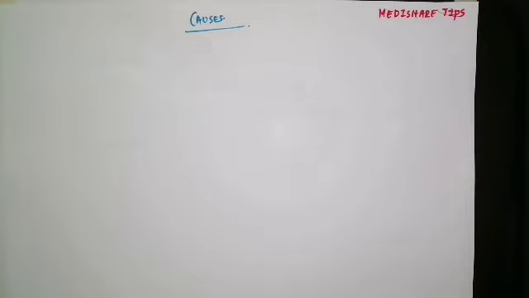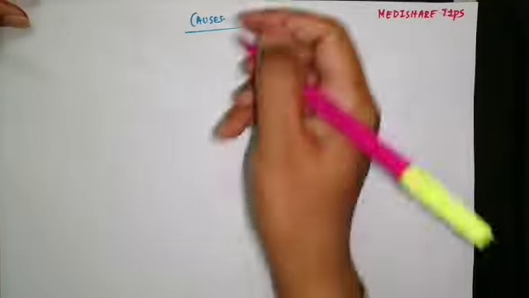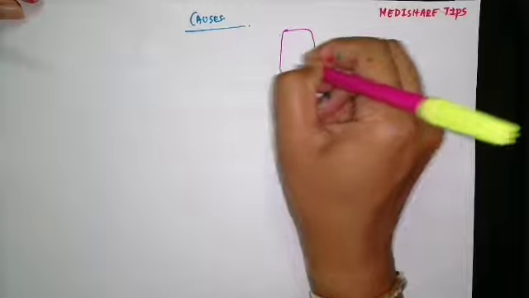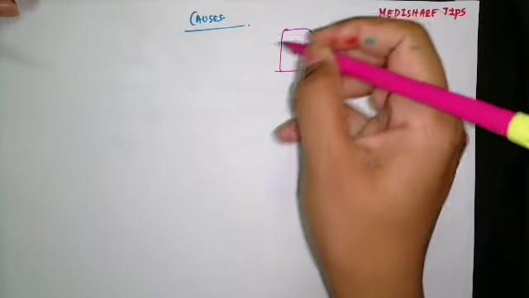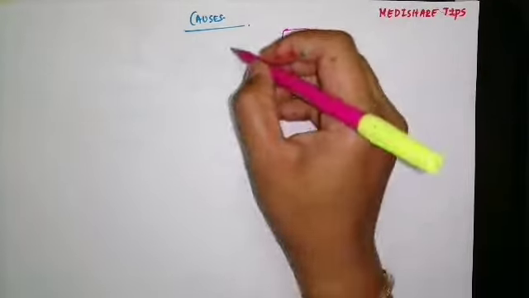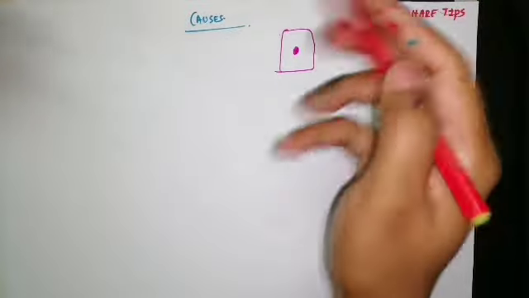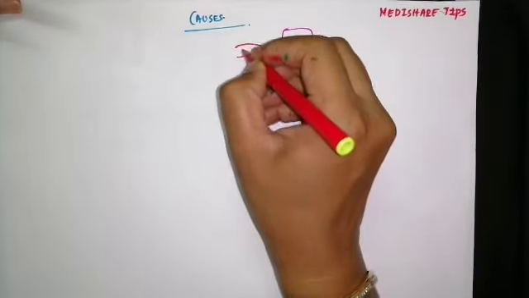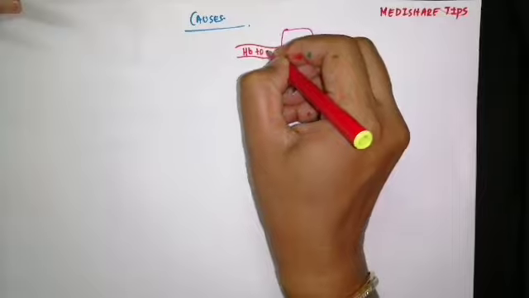First of all, any disease involves a functional alteration at the cellular level. We know that a tissue is supplied by blood vessels. Inside this blood vessel, the hemoglobin carries the oxygen with it.